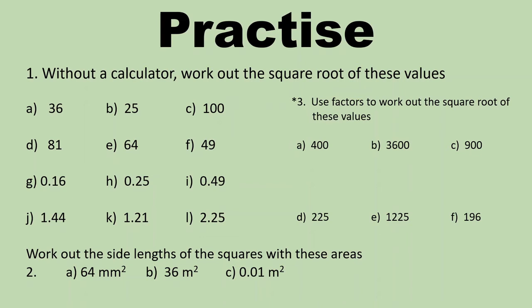For those of you who need an extra challenge, question 3 asks you to work out the square roots of these larger values. Now, this could be a bit difficult because you might not know the square roots of these big numbers, but I'm going to ask you to try to remember what we learned about factors and breaking numbers down into their prime factors.